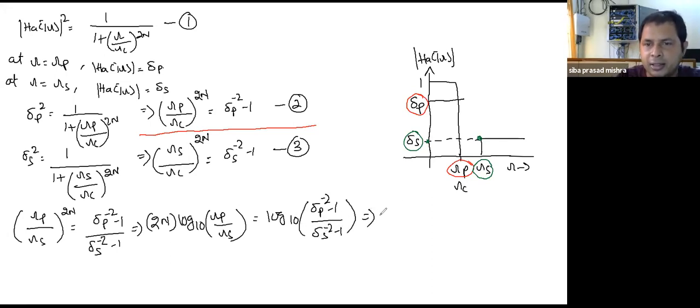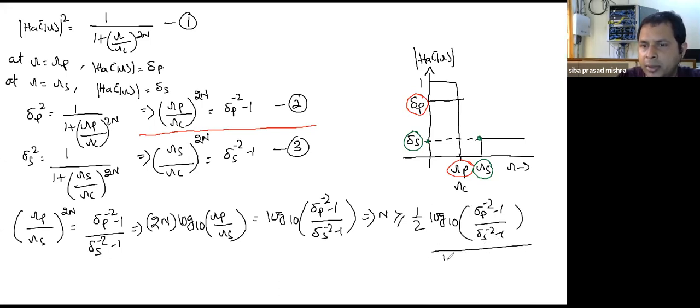In the same way I can write, instead of equal, n greater than or equal to 1 by 2 log 10 of (del p to the power minus 2, minus 1) divided by (del s to the power minus 2, minus 1), all divided by log 10 of omega p by omega c. Okay, so this is your order of the filter.